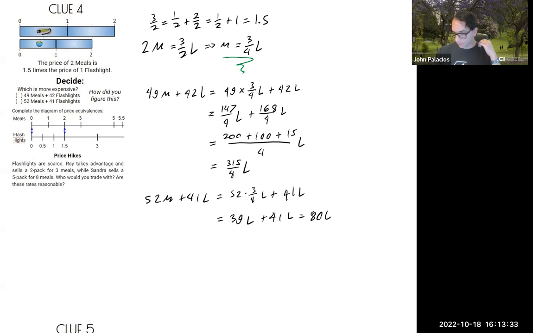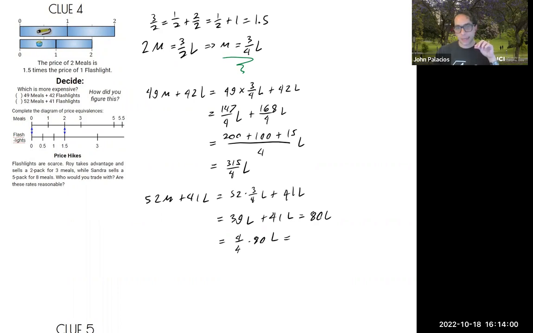Okay, 80L, but we want to compare this to 315 quarters L, the first expression. So we need to write this as something over 4. In order to do that, you will multiply by 1 in the special form of 4 over 4. So this is equal to 4 over 4 times 80L.